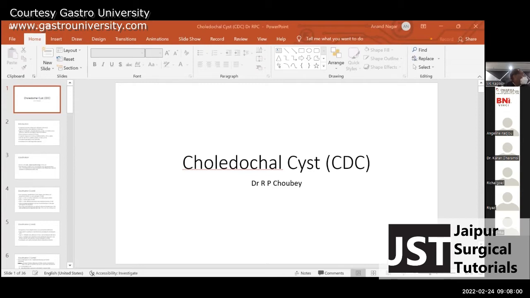This disease is associated with a high incidence of biliary cancer, and the incidence ranges from 10 to 30%. However, CDC constitutes only 1% of all benign biliary disease.